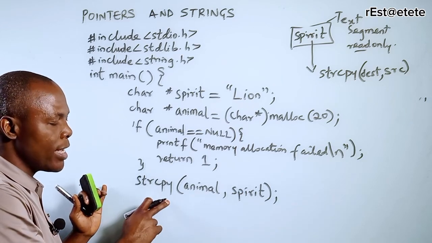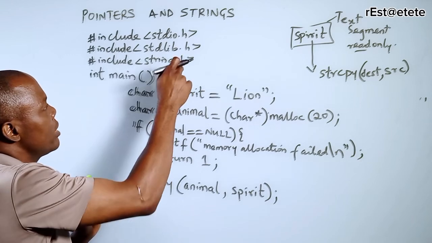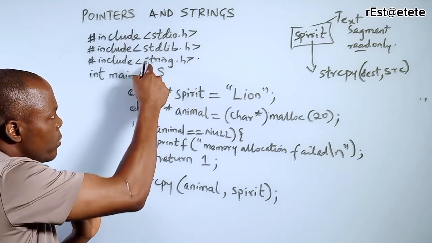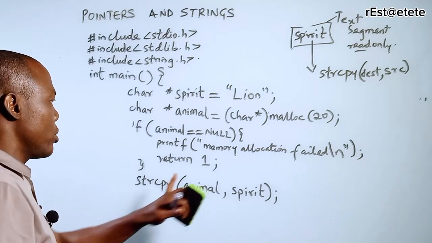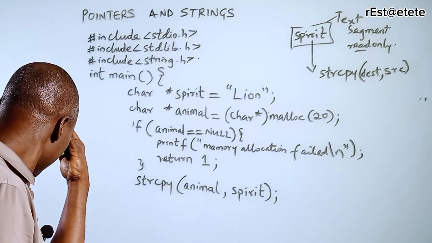So where did I get this strcpy from? It's a tool inside this toolbox. So that was why I included this string.h in my program. So this is what I have done.